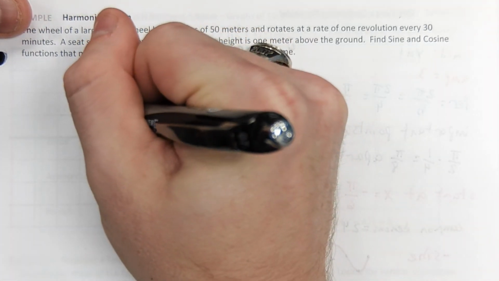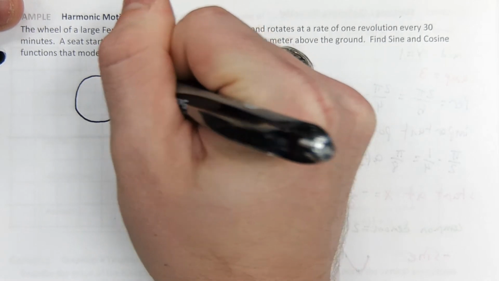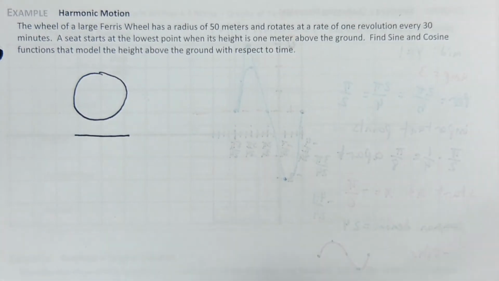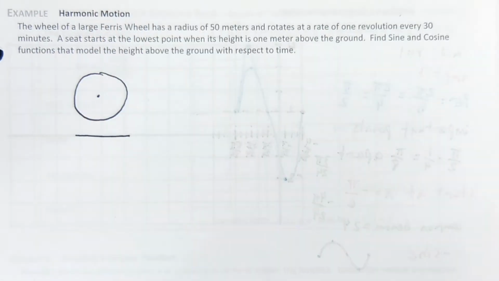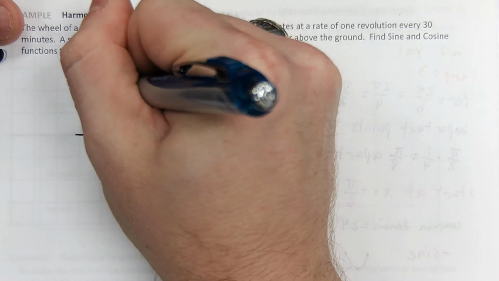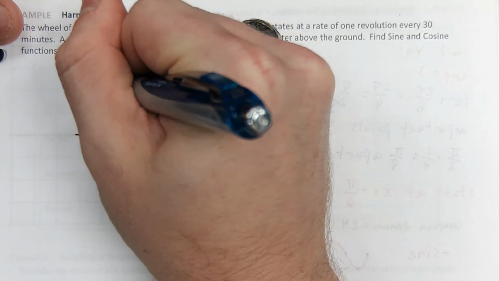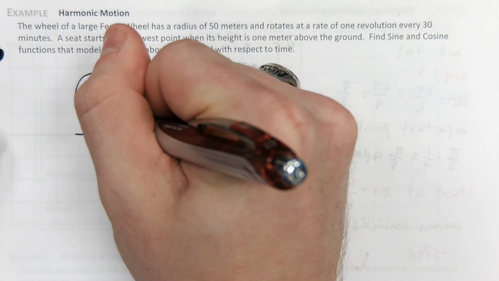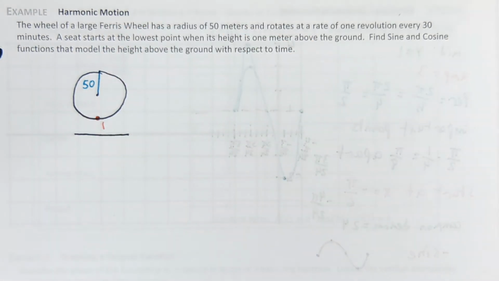But here is my Ferris wheel. And here is the ground. Here is the center of my Ferris wheel. And I know that the radius is 50. And I know that the height above ground is 1. That's my minimum height.